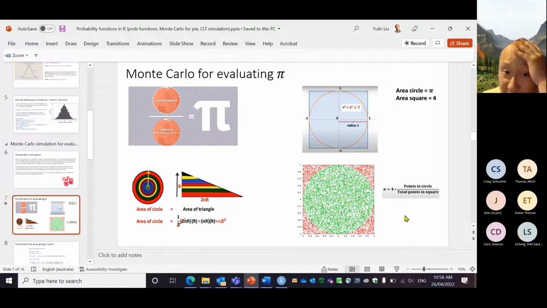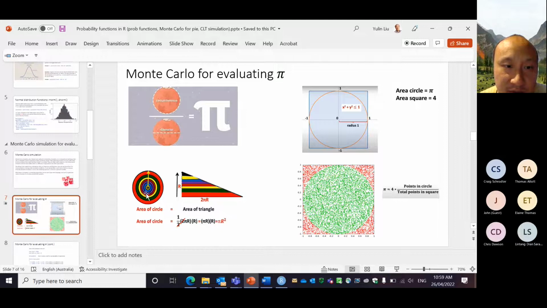Okay. And by the way, at the bottom left corner, if you want to know why the area of the circle is pi r squared, that is a little proof. You can think of cutting the whole disk into many circles.